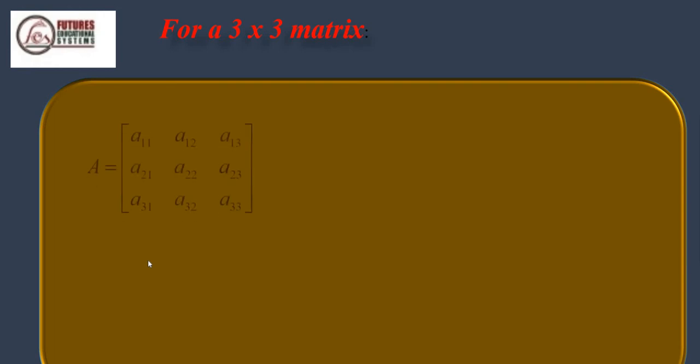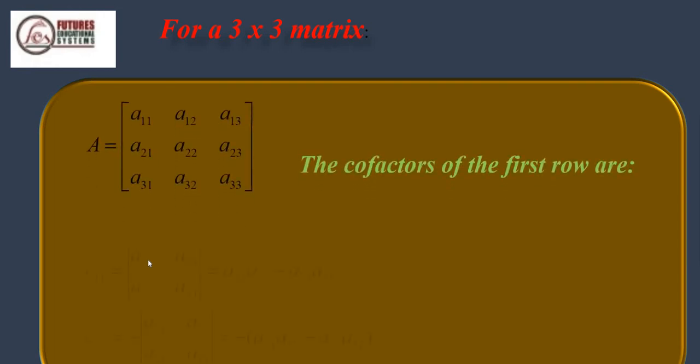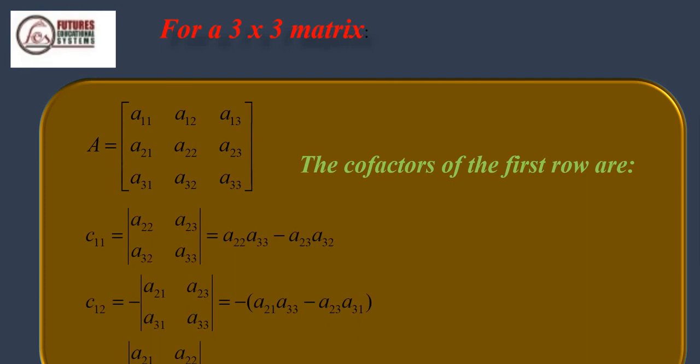For a 3 by 3 matrix like that, hide this row and this column, and the matrix becomes A22, A23, A32, A33, and apply the determinant rule: A22 by A33 minus A23 times A32.